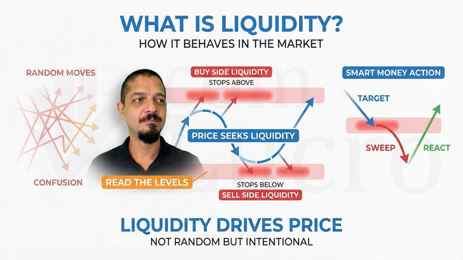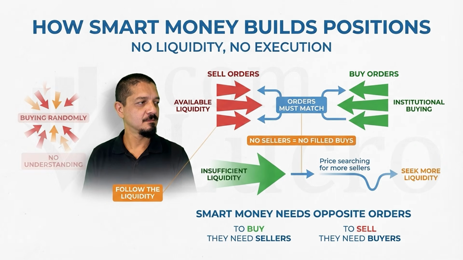To answer that, we need to approach it from a practical perspective, focusing on how smart money interacts with liquidity in real trading conditions. Before moving into patterns and execution, it is important to understand what these concepts mean on the chart and how they influence price behavior. Now, consider how large financial institutions, often referred to as smart money, operate when they want to build a position in a currency pair.